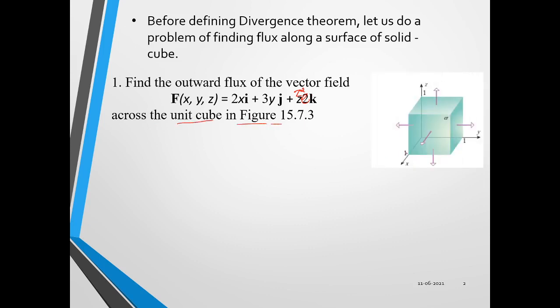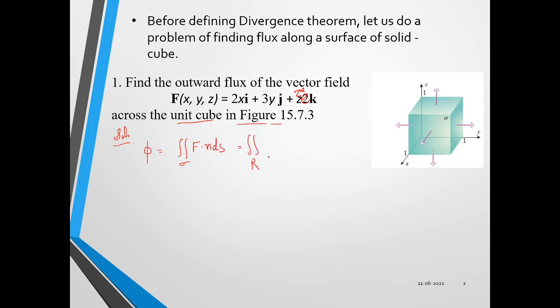So this is across the unit cube and we want to find the flux integral. So what is the flux formula? It is the double integral over sigma of F dot n dS, right?